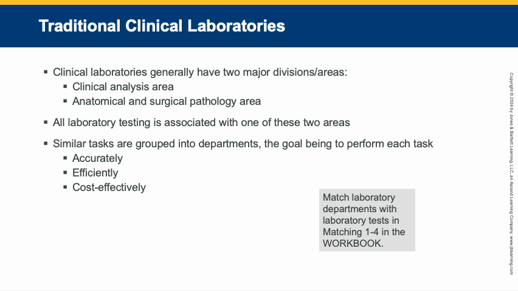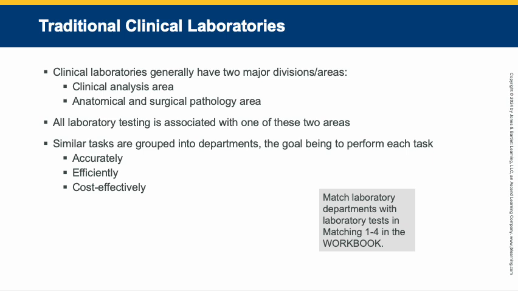Traditional clinical laboratories. Clinical laboratories generally have two major divisions. You have the clinical analysis area. This is the largest area of the lab and it performs the majority of tests, consequently producing the majority of test results. Most of the tests in this area are performed on blood and other body fluid specimens. And then you have the anatomical and surgical pathology area.